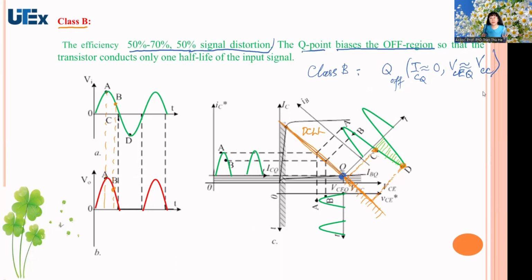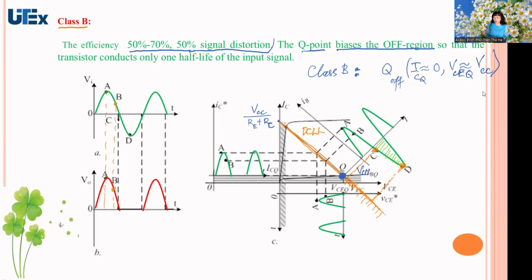If you design the circuit, for example, this is a circuit, this is a voltage divider biasing, for example, for the general, yes, and here the VCC. But when you put the biasing for this circuit, you have the Q point in this position.